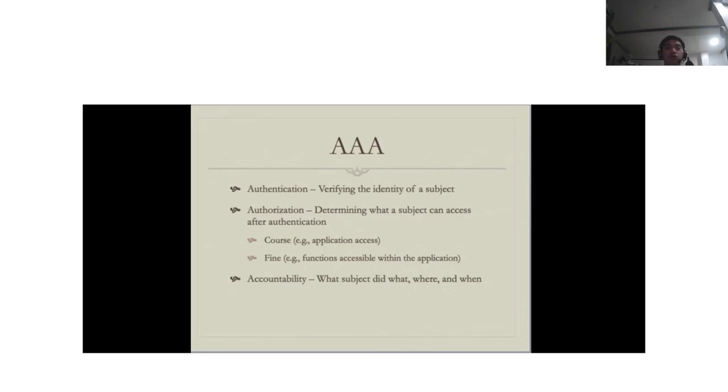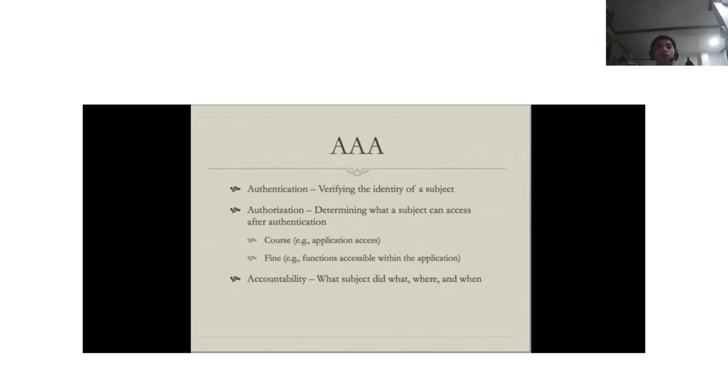So authorization determines what a subject can access within an object. So there's two types of authorization: coarse and fine-grained authorization.